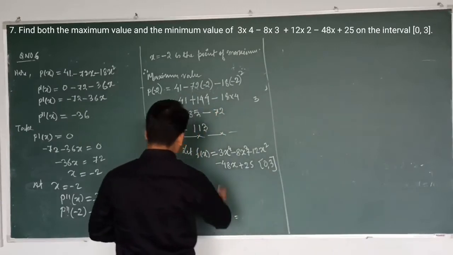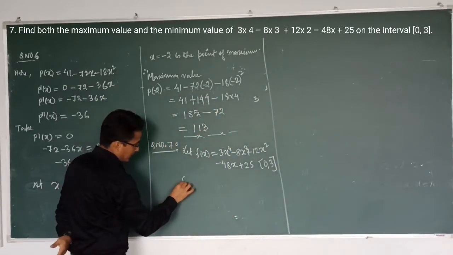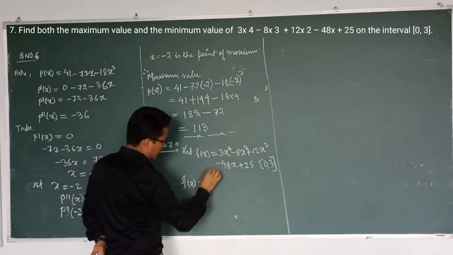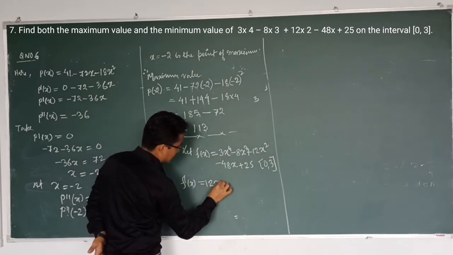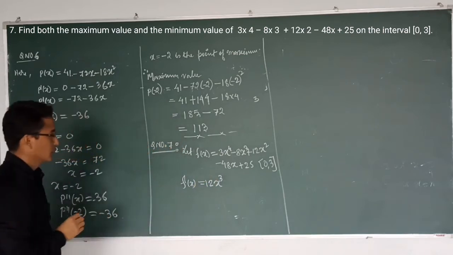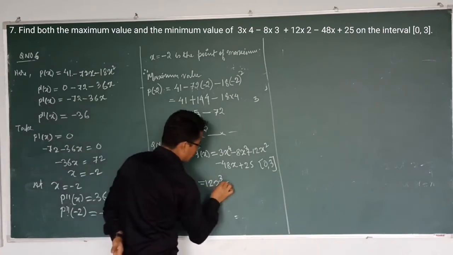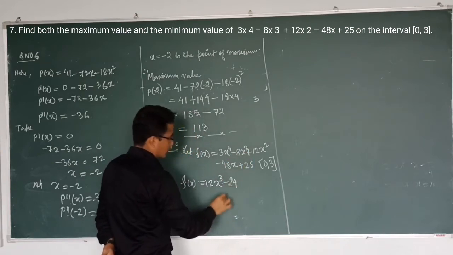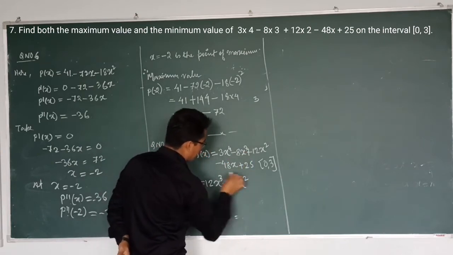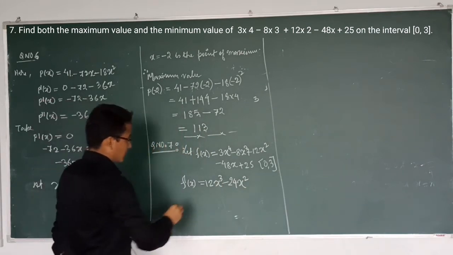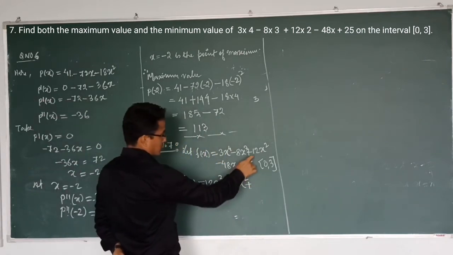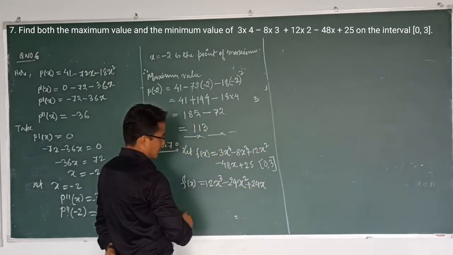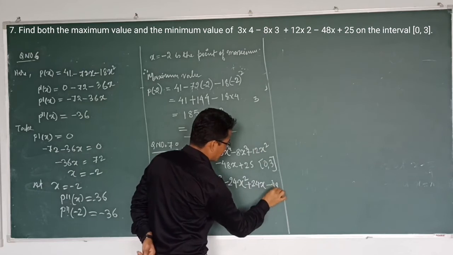Now what can we do? We find f dash x. f dash x equals 3 into 4, it's 12x cube, minus 8 times 3 is 24x square, plus 12 into 2, it's 24x, minus 48.